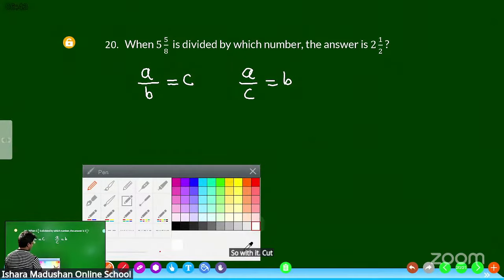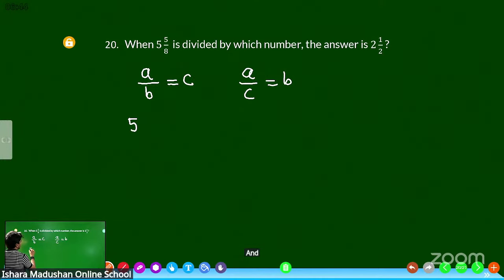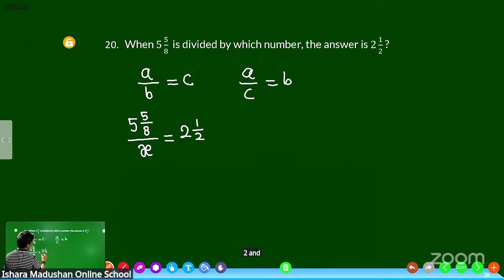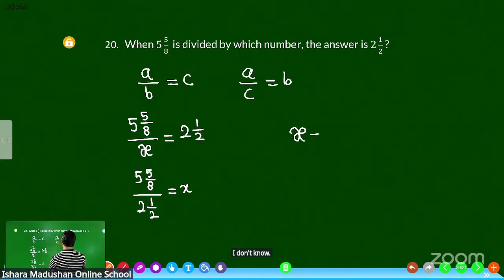5 over 8 is divided by which number? I take that number as x. x equals 2 and a half. So 5 over 8 divided by 2.5 is equal to x. x is equal to 5 over 8 divided by 2 1 over 2.